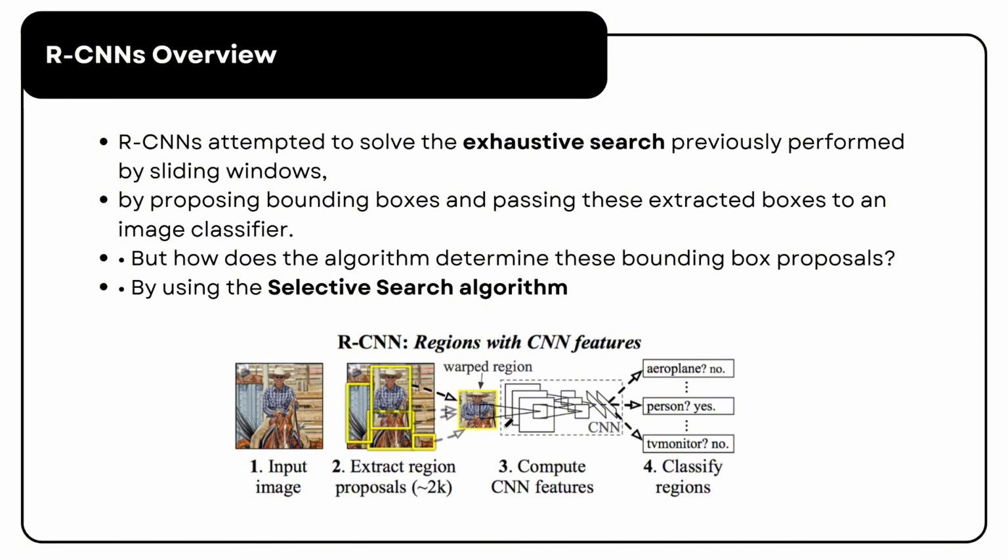Each of these regions is resized and passed through a CNN, for example AlexNet, to extract features. And lastly, it classifies those regions. These features are classified using a traditional classifier like SVM to determine if a region contains a person, a dog, a car, etc.